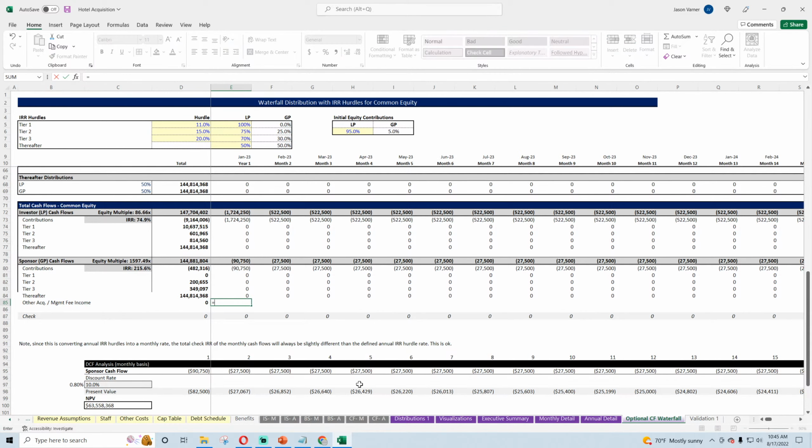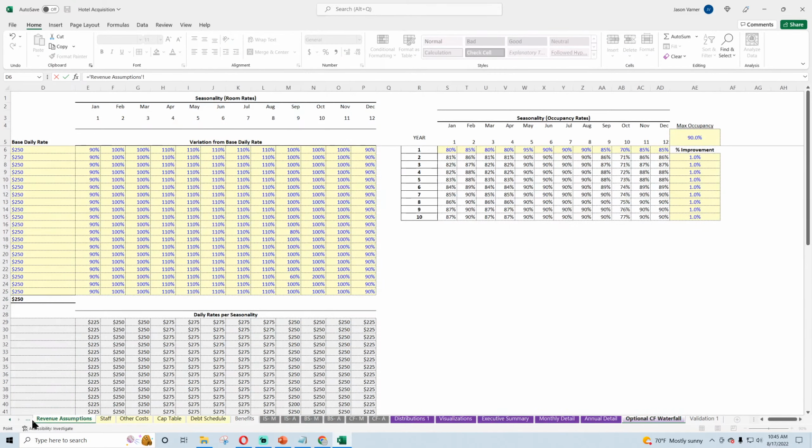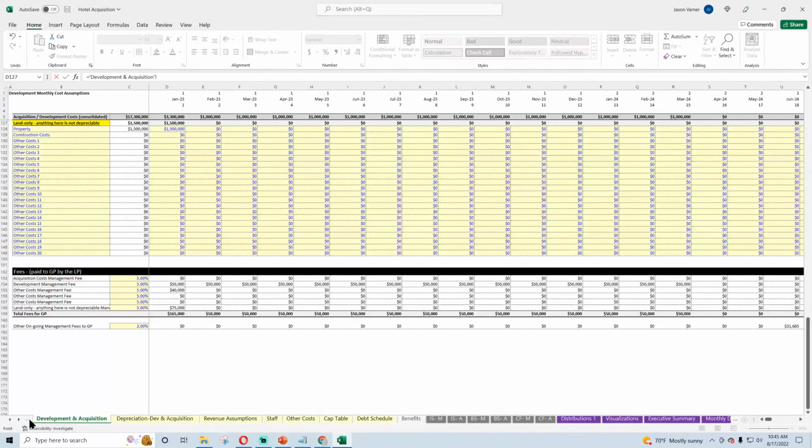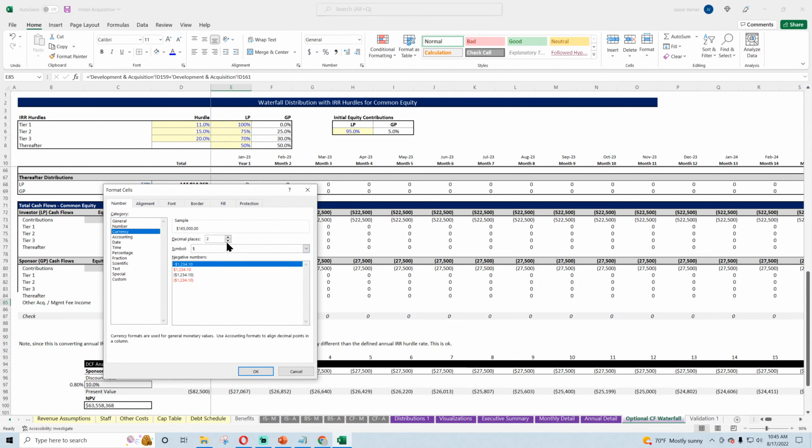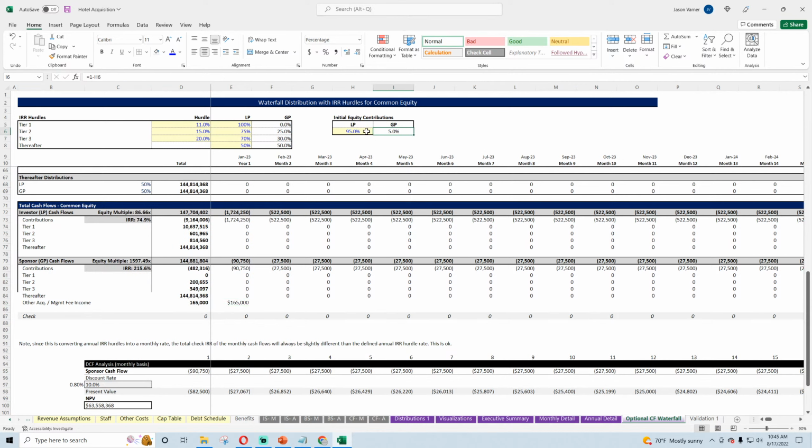Now that is going to be equal to, so remember they're getting all of the fees here and all of this. So they might have to contribute some of it to the deal depending on what their percentage of equity contribution is based on this up here. And then they get all of that fee back here. So they're the ones that benefit.